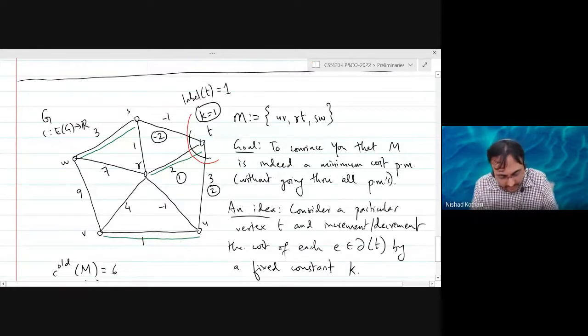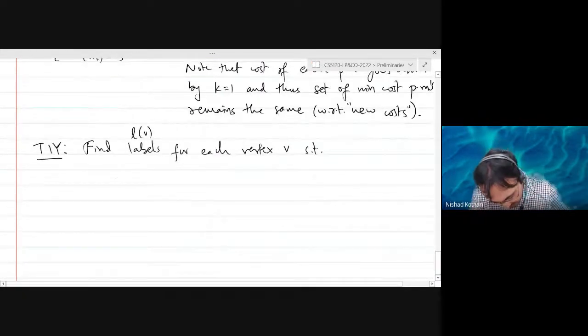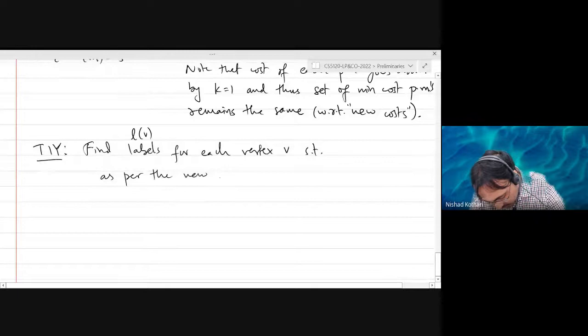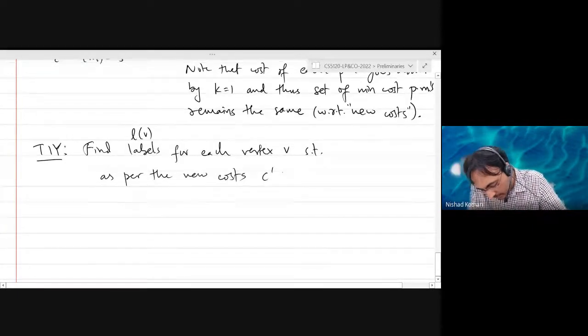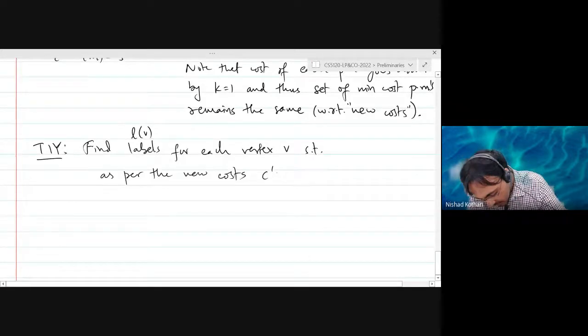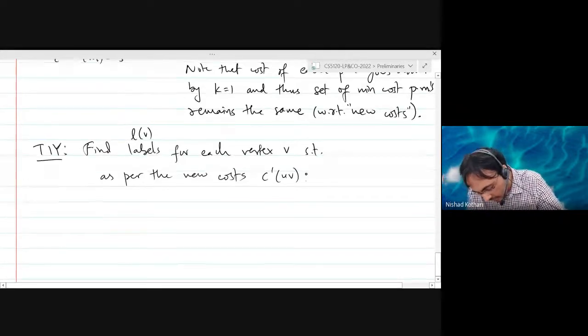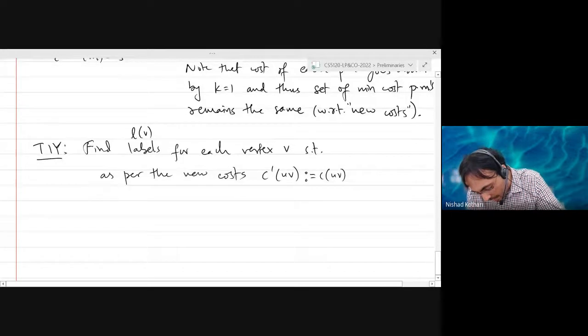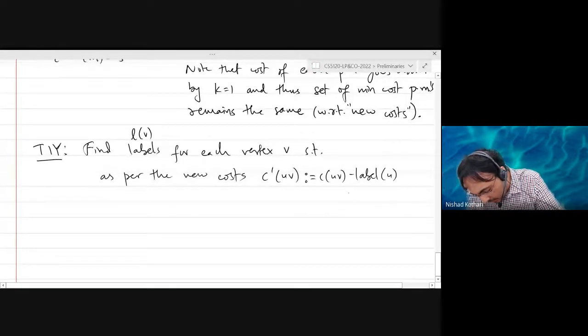Notice what we are doing here is for the edge RT, we are reducing its cost by 1, which is the label of the vertex T. So now we are going to reduce it by the label of T, and we are also going to reduce it by the label of R, because we are doing the same argument for each vertex. Okay, so such that as per the new costs C prime, so C prime is going to be defined as, for the edge UV, we are going to take the original cost of UV minus the label of U minus the label of V.